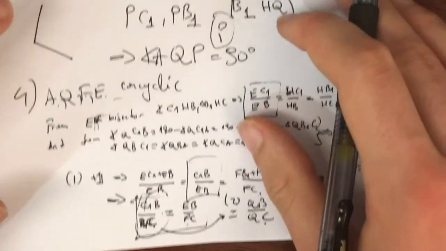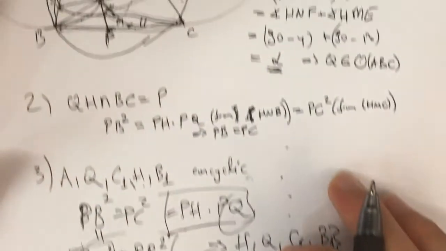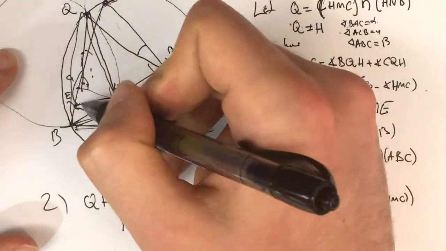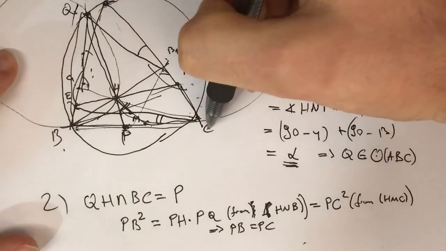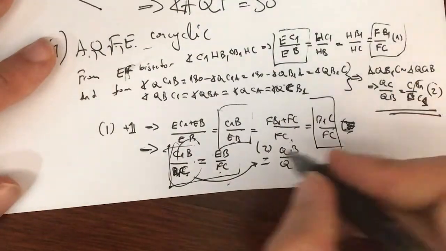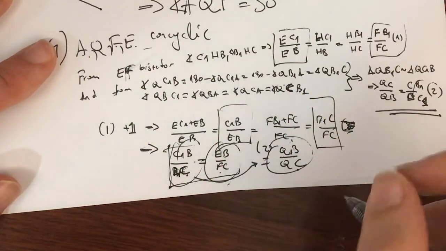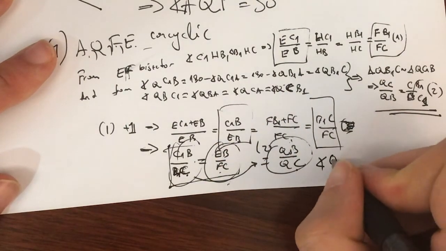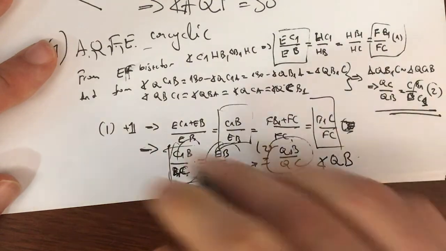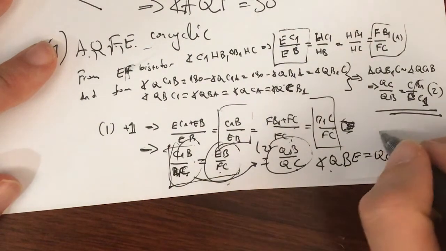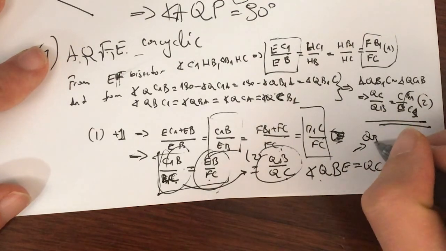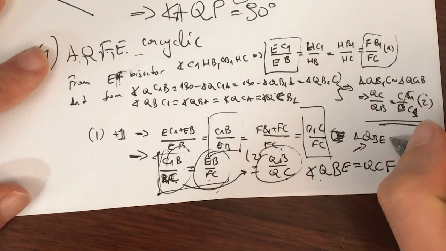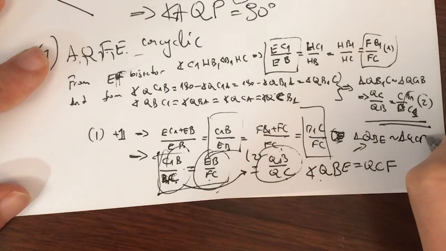If you look at the picture, we have the ratio EB over FC equals QB over QC, and the fact that the angle QBE is QCF implies that triangle QBE is similar to triangle QCF.